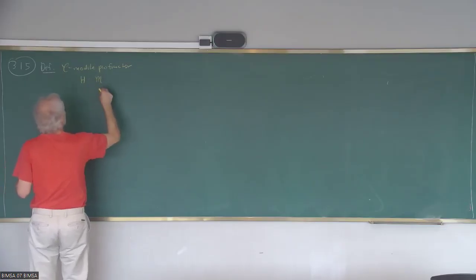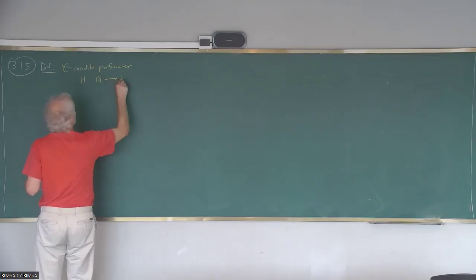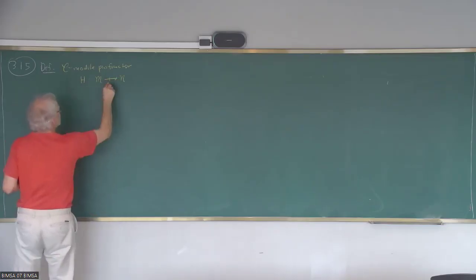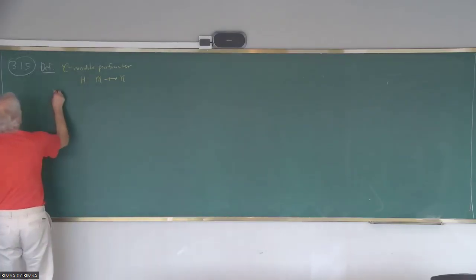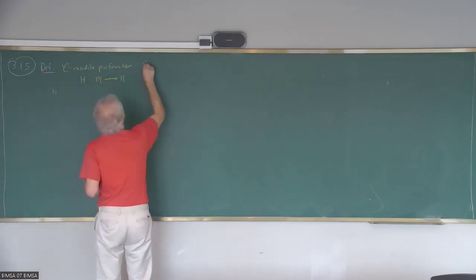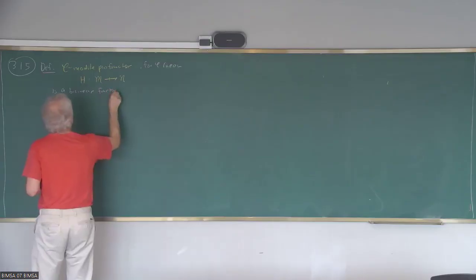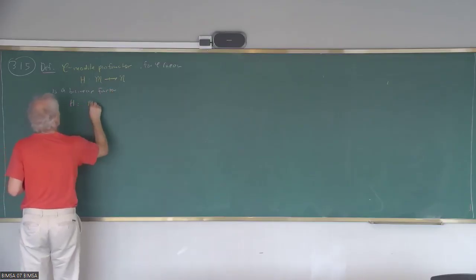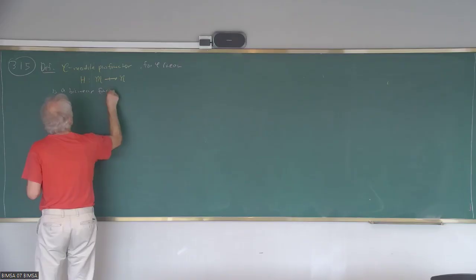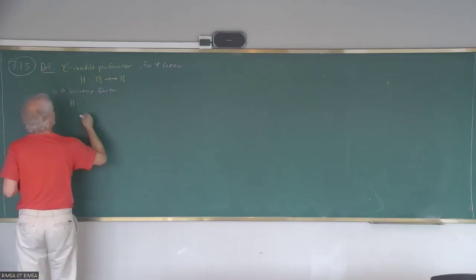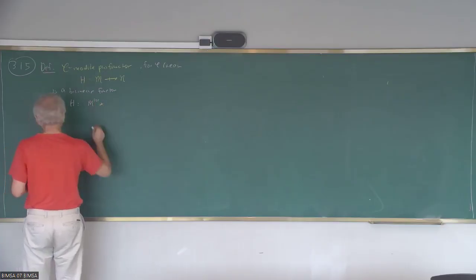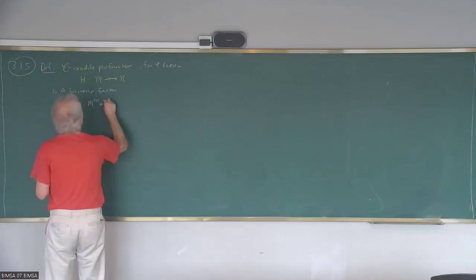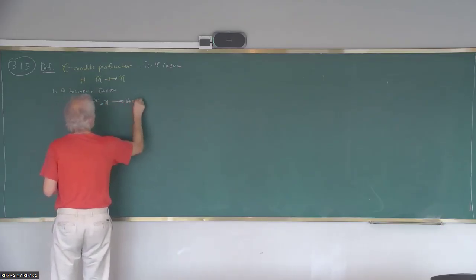So we have a C module M and a C module N, and then we use this notation for profunctors. We assume here that C is linear, then we require that it's a bilinear functor, which I call again H, which goes from M opposite times N to vector spaces.